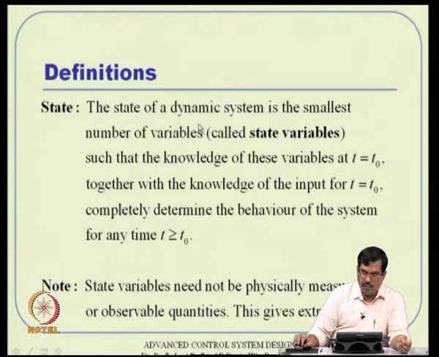The state of a dynamic system is the smallest number of variables, and these variables are called state variables, such that the knowledge of these variables at some point of time t equal to t0, together with the input variables for t greater than or equal to t0 (there is a small print mistake here), that means the knowledge of the input variables for all time after that, will completely determine the behavior of the system for any time t greater than or equal to t0.